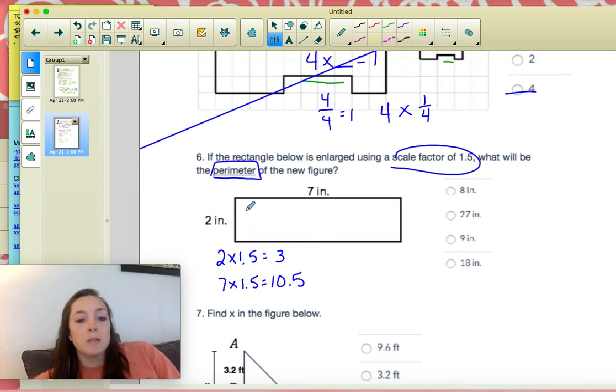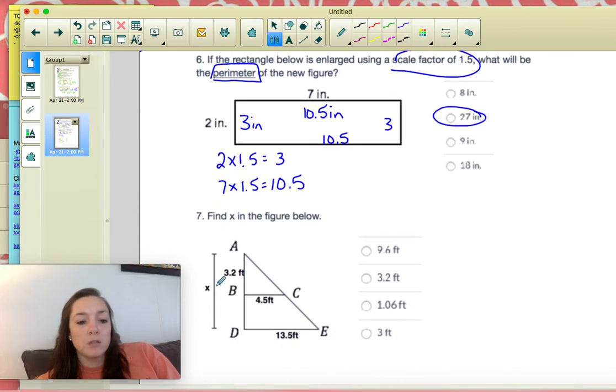Yeah. So I've got 3 inches here, 10.5 inches here. So now we're going to add 3 here, 10.5 here. I should get 27 inches, okay?